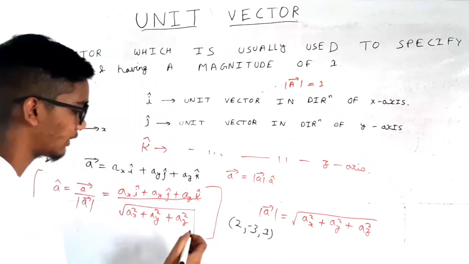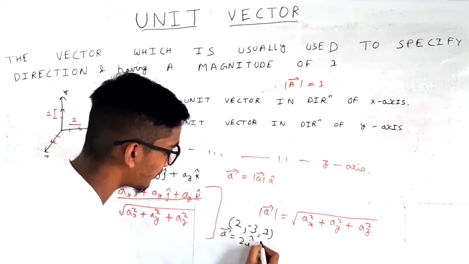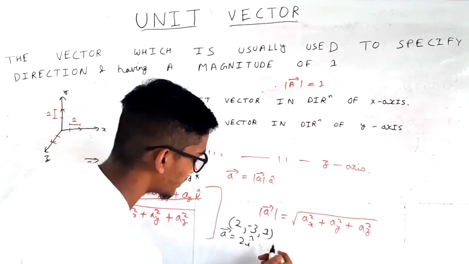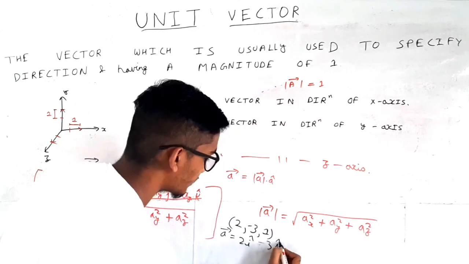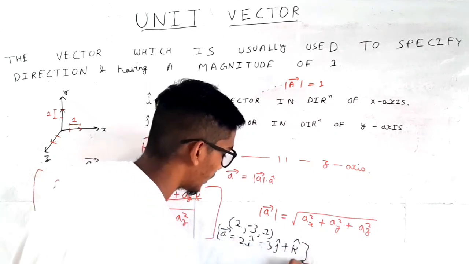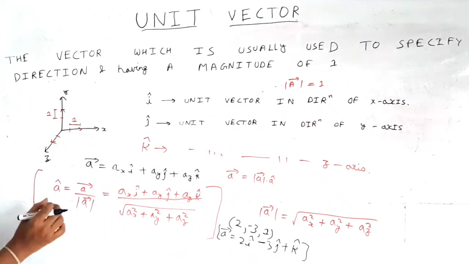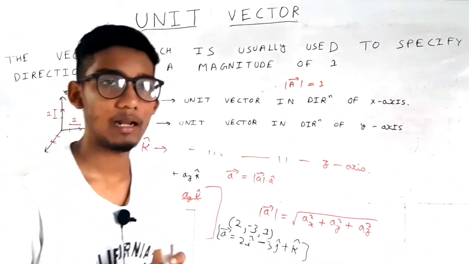Then you have to take it as vector A equal to 2 i cap minus 3 j cap plus k cap. And you can find the unit vector by this method. Okay, so let's wrap up this video.